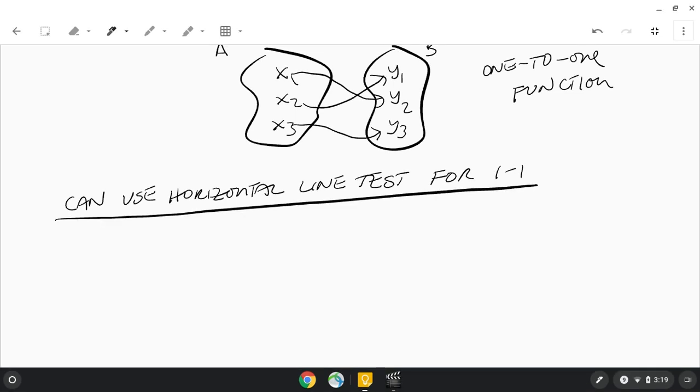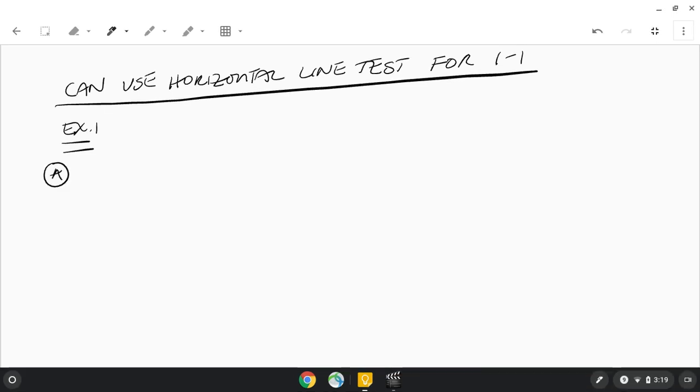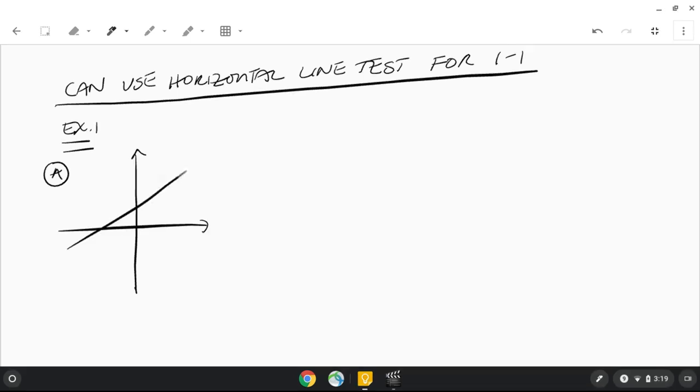Okay, so let's take a look at a few examples here. We're going to take a look at the line. And remember, it has to be a function first.